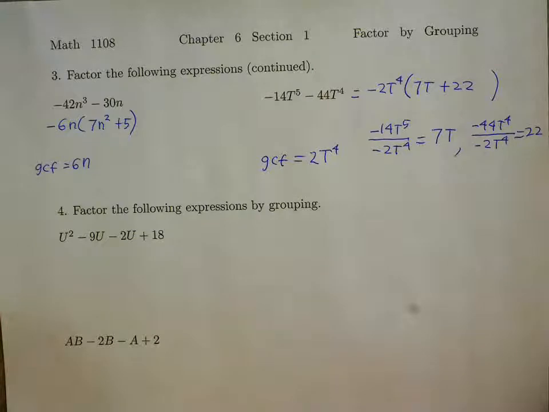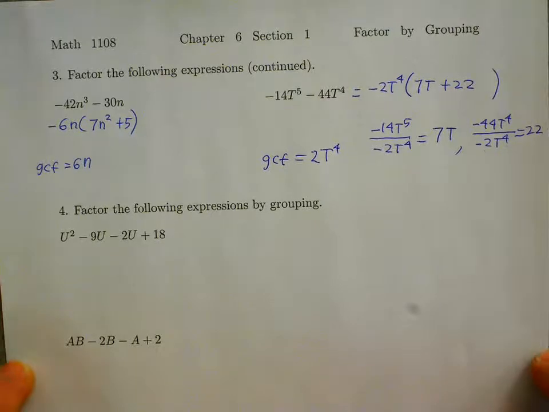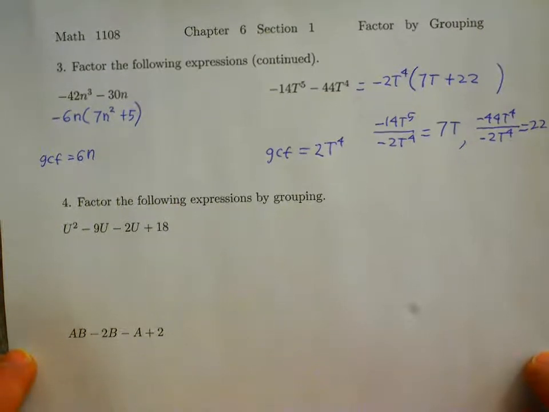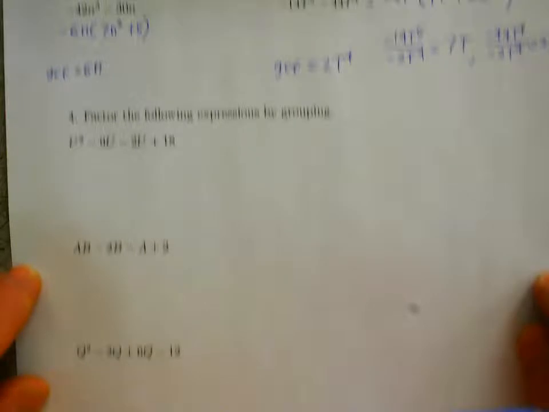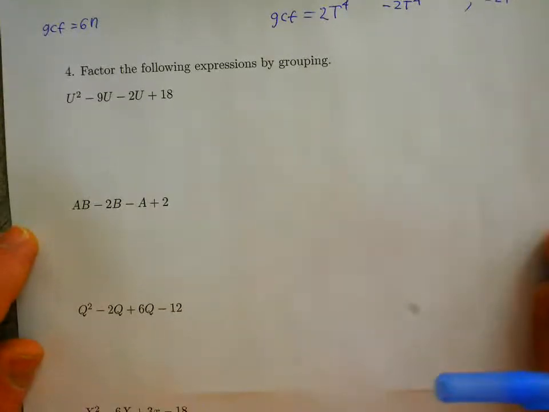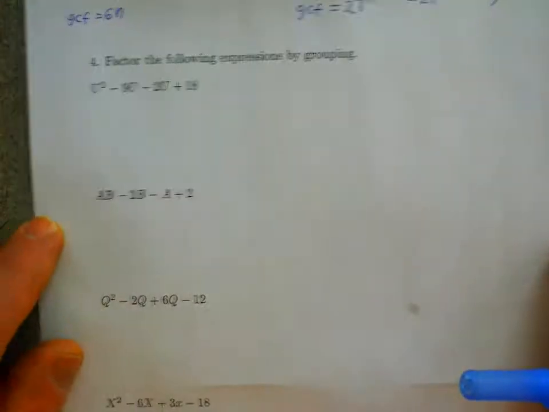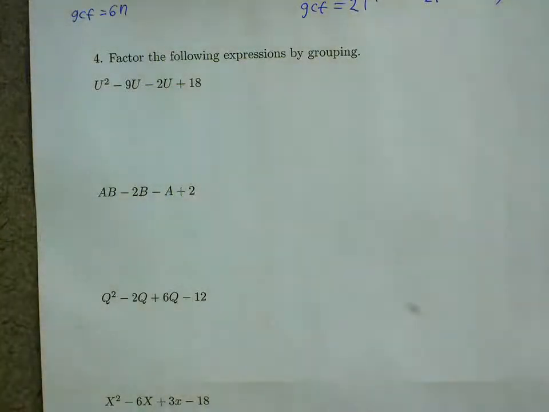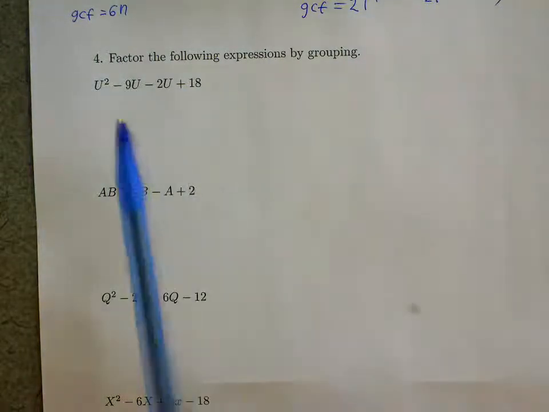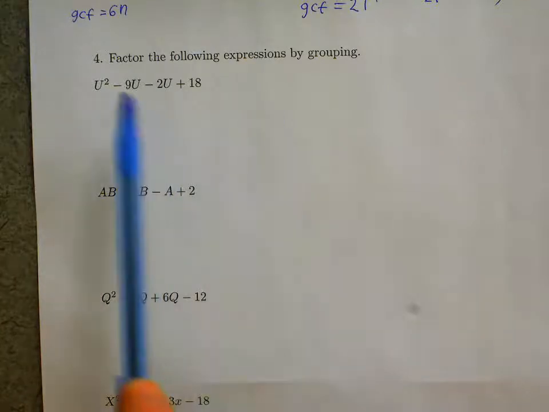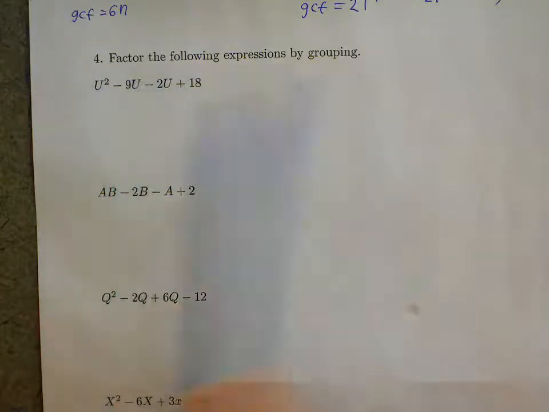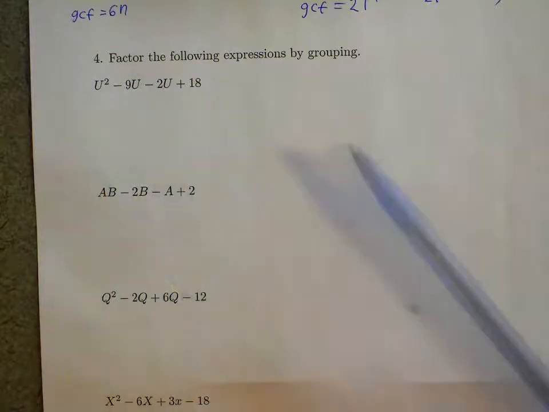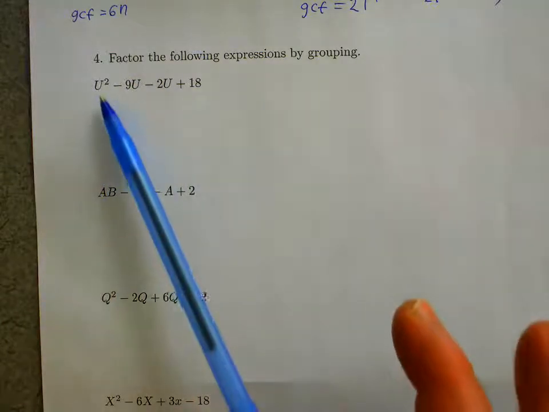Okay, the next stage in the process of factoring that we're going to discuss is to factor by grouping. Most of the time when we factor by grouping, at least in this class, we're going to have 4 terms.